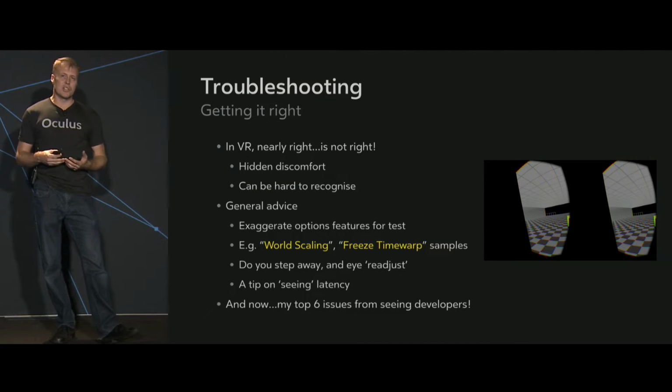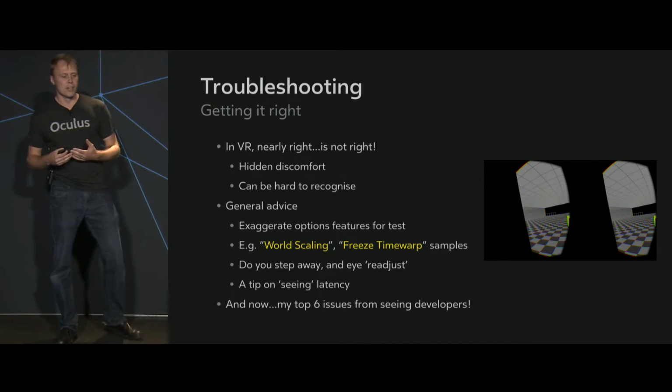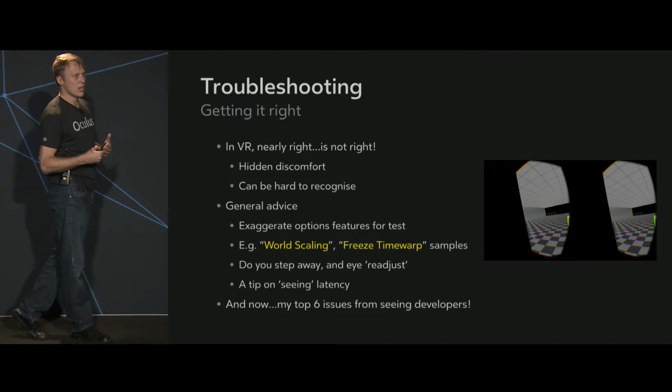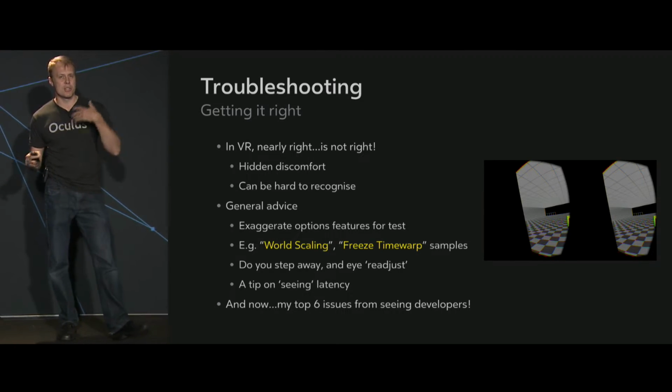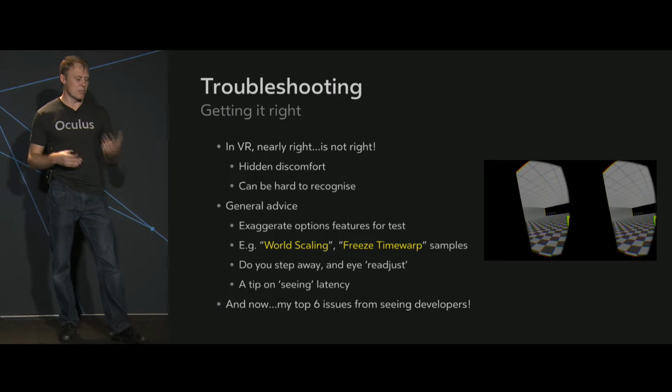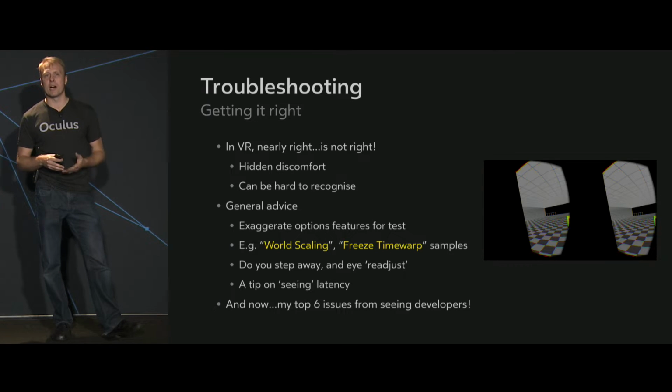Unfortunately, the nature of this hidden discomfort is that it's hard to tell it's there. So part of our troubleshooting efforts in helping developers is to help identify these subtle errors, and we're going to be flagging the top 6 with you now, just to forewarn you about the kind of things to look for, which should help a lot.